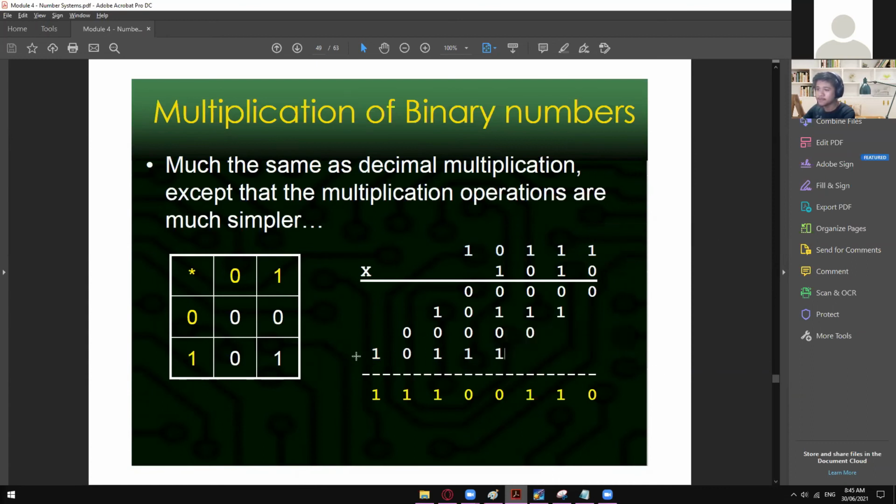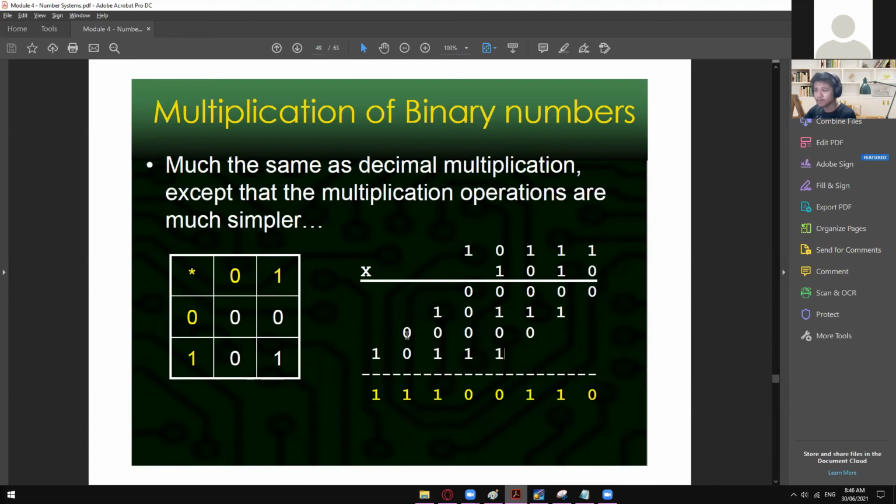And then in here, you now have to add them. After multiplying, you have to add them using binary addition. So 0 is 0, 1 plus 0 is 1, 1 plus 0 plus 0 is 1, 1 plus 1 is 10. So carry 1, bring down 0. 1 plus 1 is 10, so carry 1, bring down 0. 1 plus 1 is 11, carry 1, bring down 1.